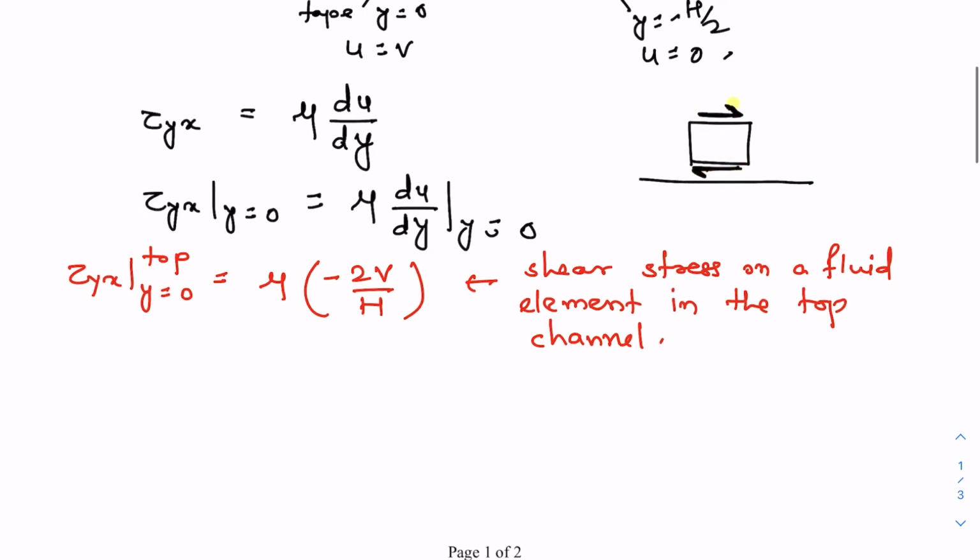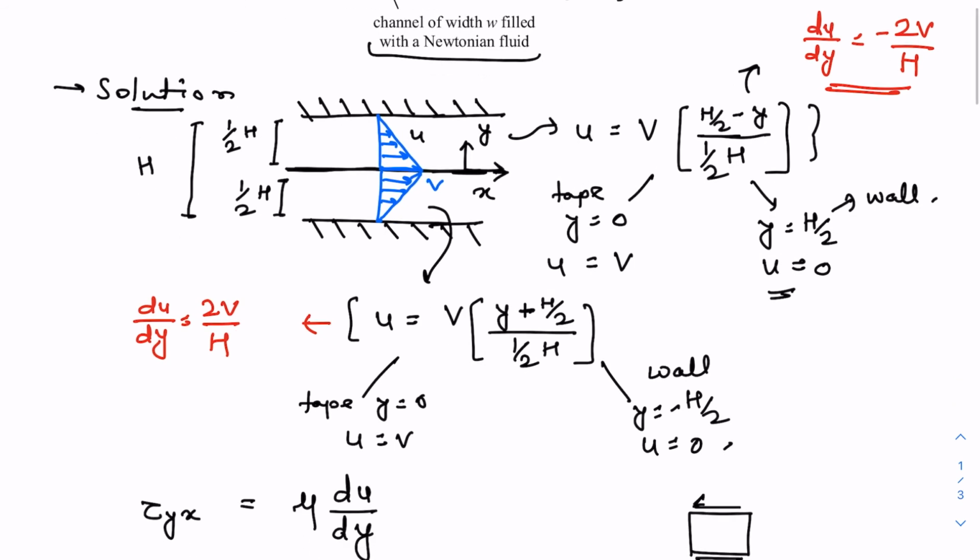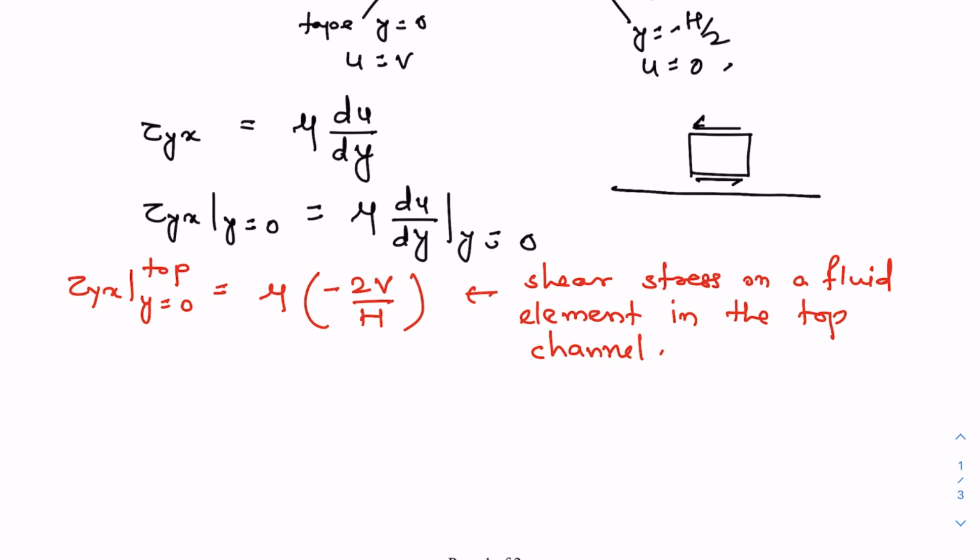So correcting for the sign, the stress acts in the negative direction here and in the positive direction here. So the stress on the top surface of the tape acts in the negative direction, which is opposite to the shear stress that acts on this fluid element.